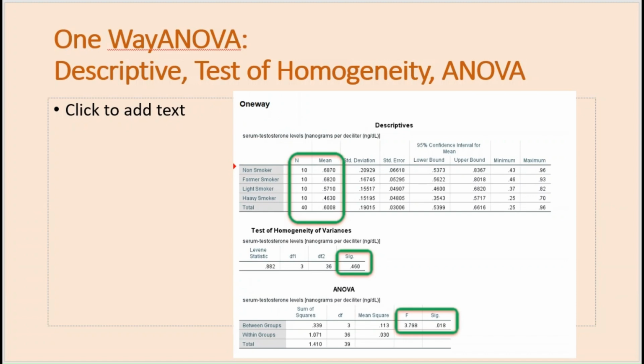And the ANOVA test F value is 3.798, and the p-value of this test is 0.018, which means all group means are not equal, or at least one pair of means is not equal.